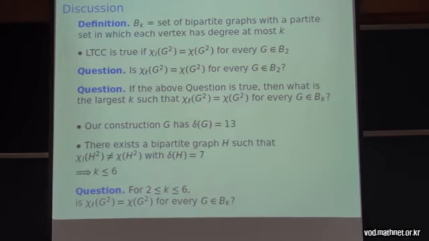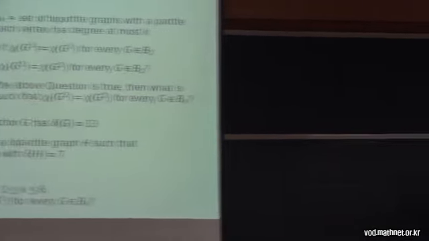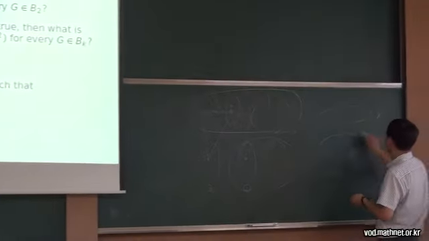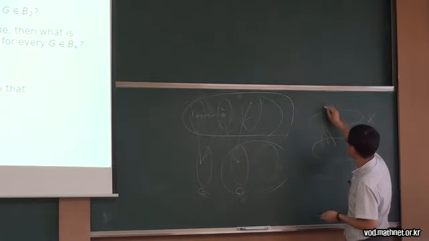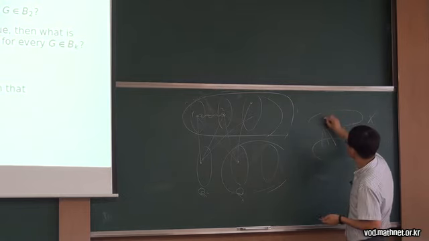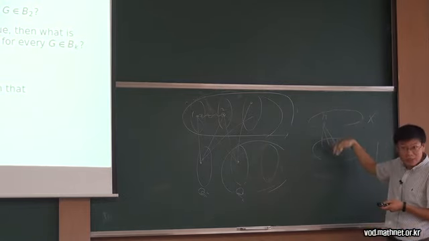If k is 2, it means the list total coloring conjecture is true. But our construction says the k is 13, so in the top part, the maximum degree is 13.